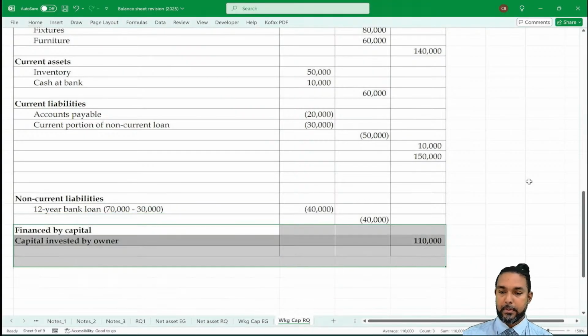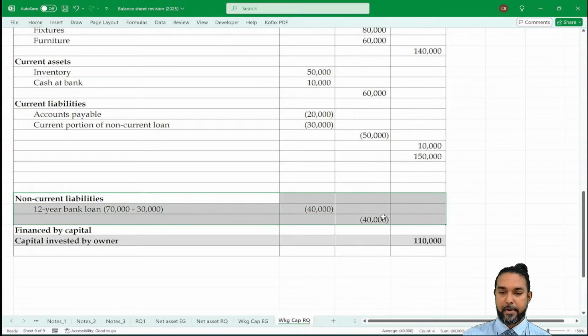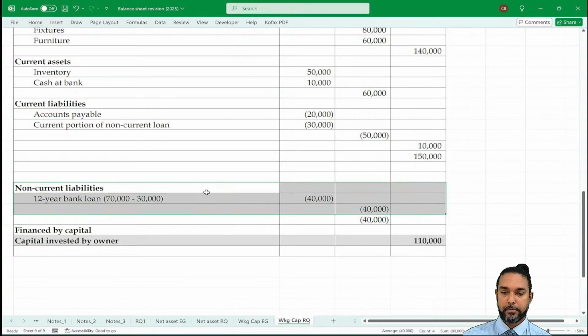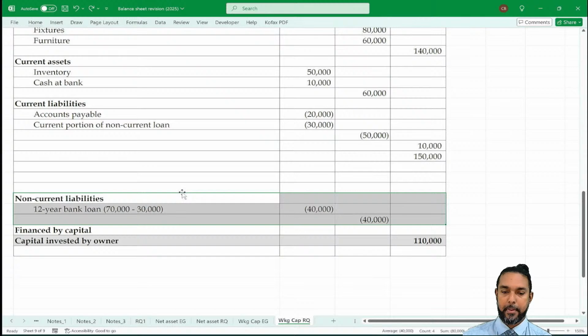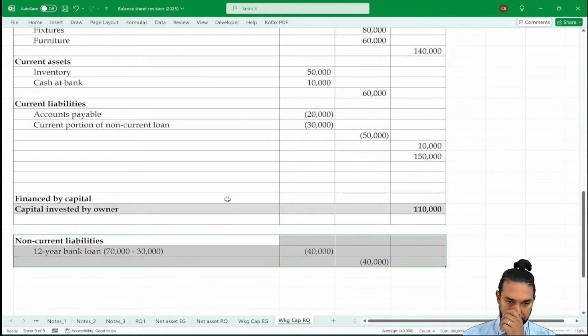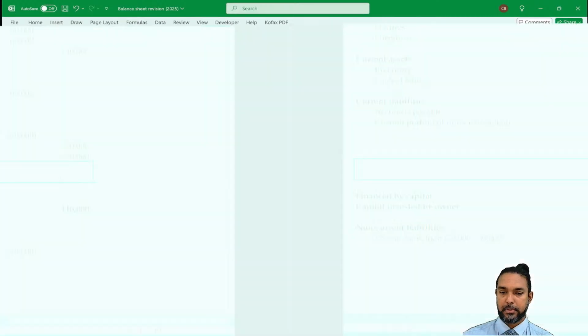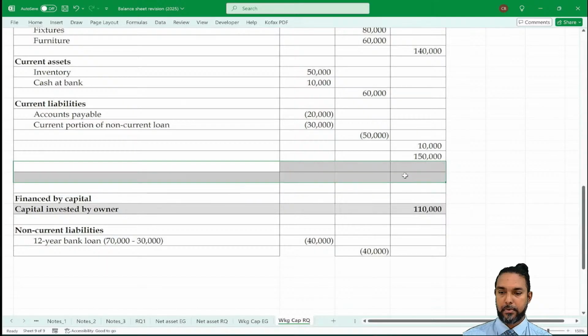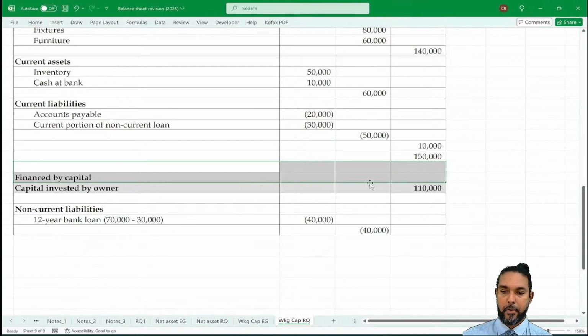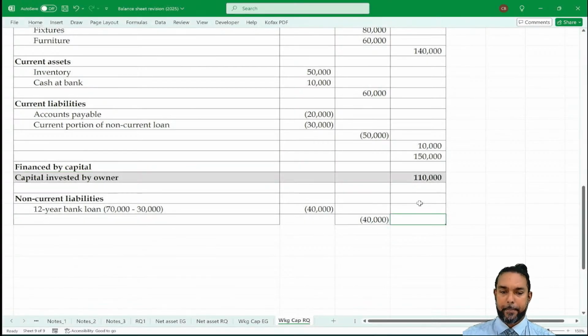So what's going to happen is that this will come below here. Financed by, I could take that out too. And then of course, this will go here.